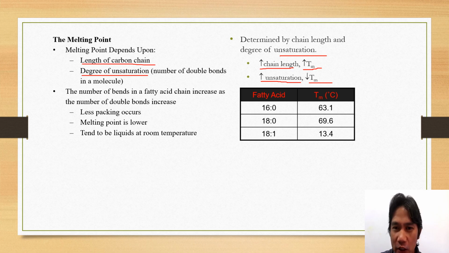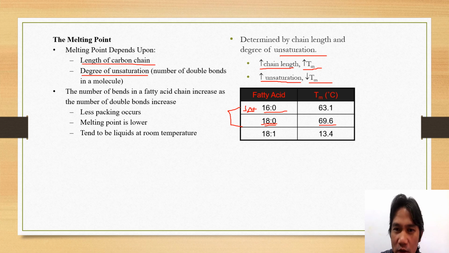Look at this table. The fatty acid that contains 16 carbon atoms, 16:0, is saturated, with no double bond. If you compare that with 18 carbon atoms, both of them are saturated, but this fatty acid has longer carbon chain, and it exhibits a higher melting temperature.